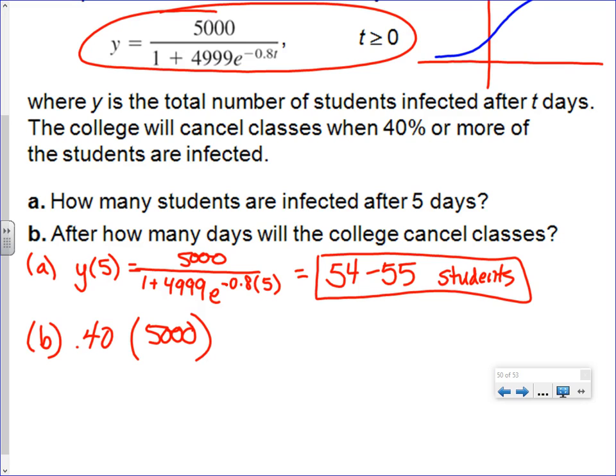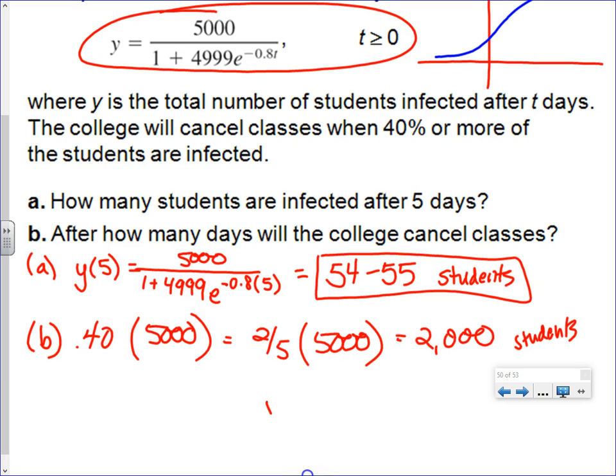Wouldn't that be 4 times 2 fifths? 2 fifths of 5,000 is 1,000 times 2, which is 2,000. 2,000 kids have to get sick. I don't know how much time that takes. Sure wasn't 5 days. Who is 2,000? What variable? y equals 2,000. Solve for t.